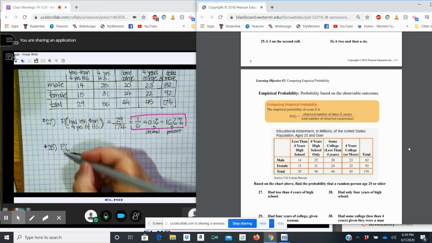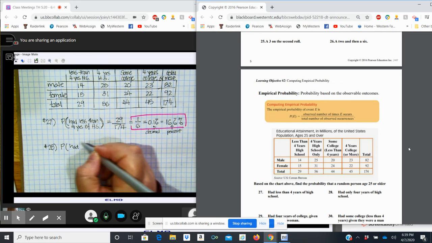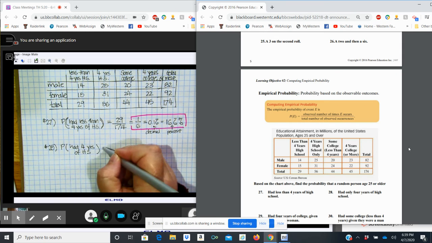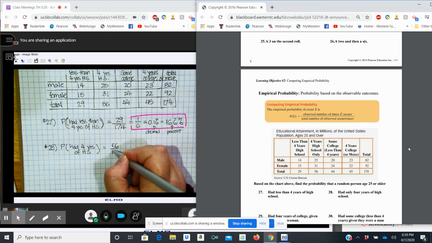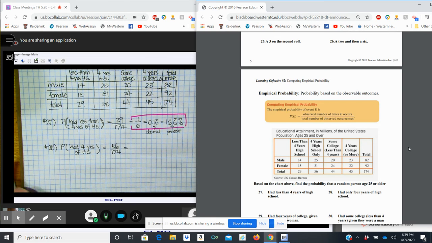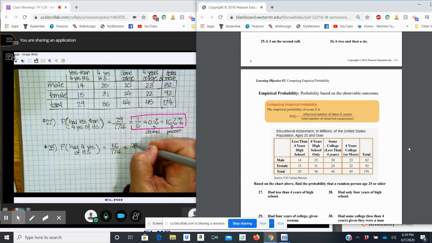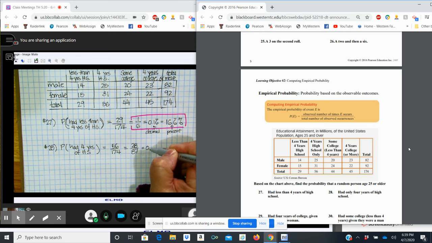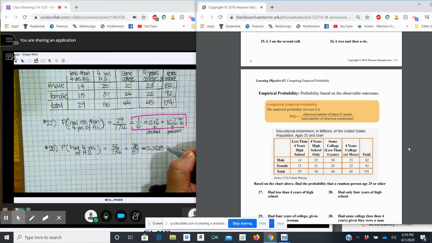28 says the probability that they had 4 years of high school. There are 56 of these people out of 174. So will that reduce? 28 out of 87 as a fraction, which is going to be the same as 0.3218, or about 32.18%.